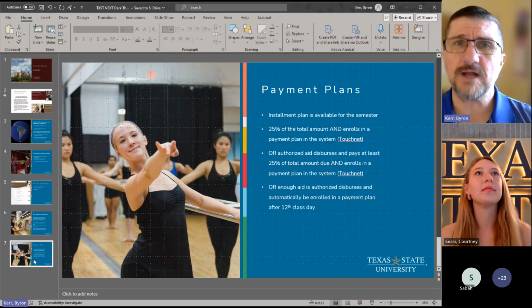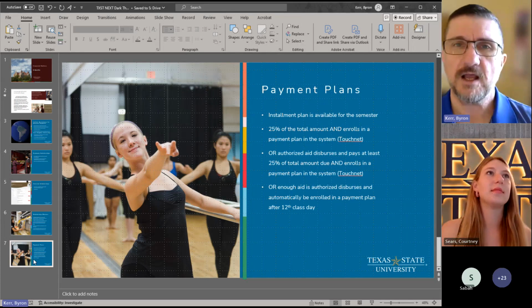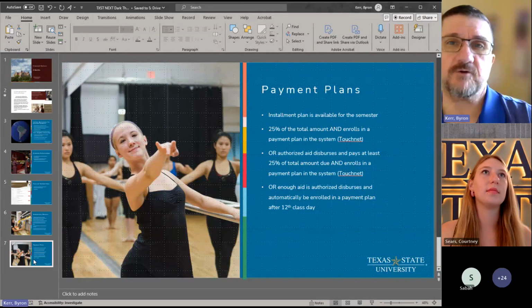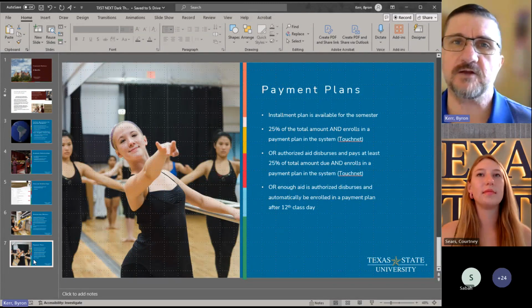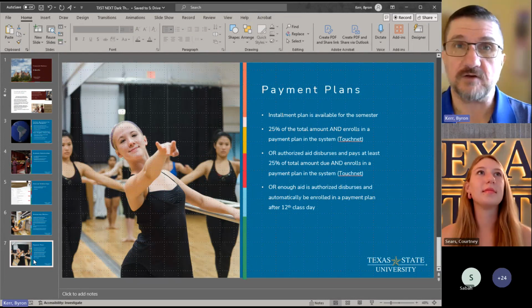Those will happen automatically if you take no action, but I encourage you to go ahead and enroll into that payment plan. After you've put your 25% down or used your authorized aid, your payments are split up over the next few months for the semester, and you pay off as you go.